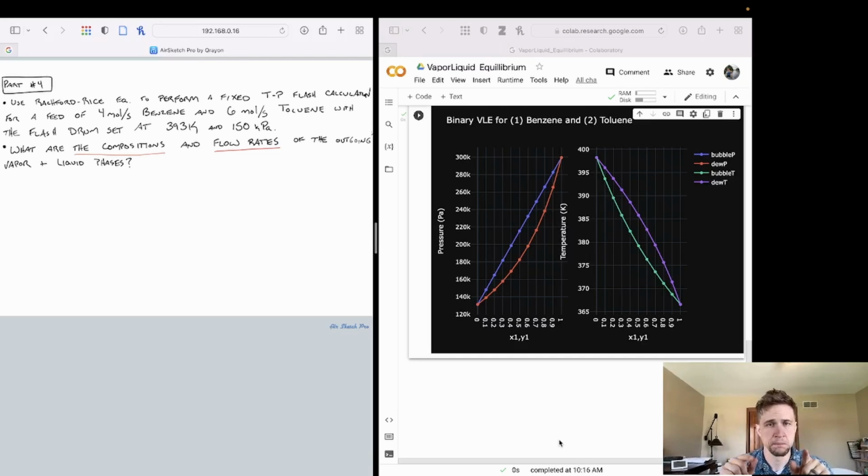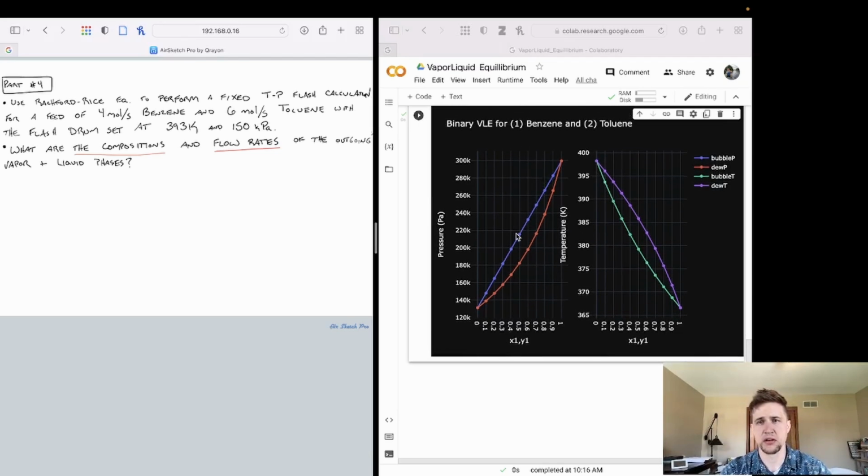Now, ideally, because we've found our bubble temperature and dew temperature, and our bubble and dew pressures, we know that if we're going to have any sort of separation, it has to happen in between our bubble pressure and our dew pressure, and between our bubble temperature and our dew temperature.